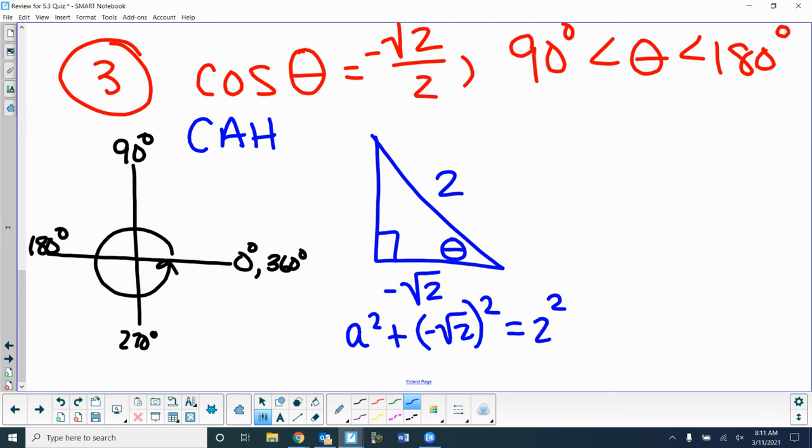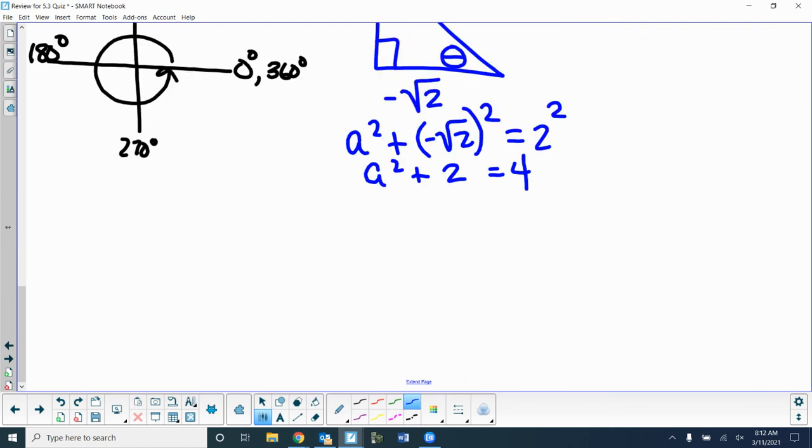Last week, we put these two on the same side when you had the hypotenuse. Remember, it's on the other side. Okay, so I got A squared. Negative radical 2 times a negative radical 2 is a positive 2. 2 squared is 4.